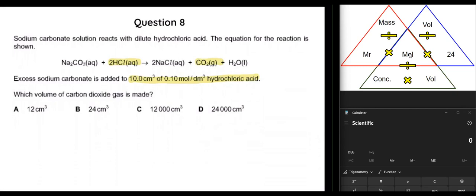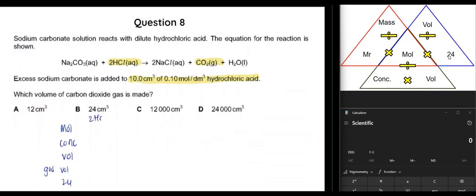So we're in our aqueous triangle here, moles conc vol, because it's given us concentration and volume. And we are working out the volume of a gas, so we need this gas triangle, the vol mole 24. So we've got the moles conc vol, and we've also got the gas volume and 24.